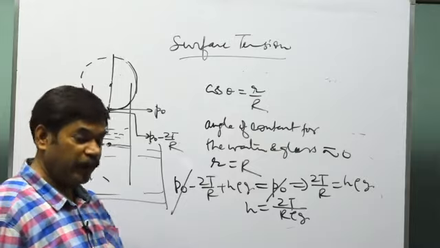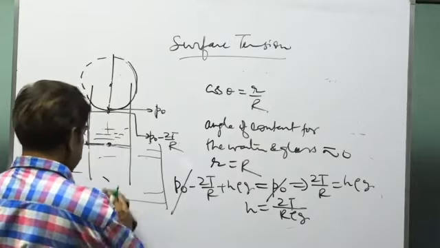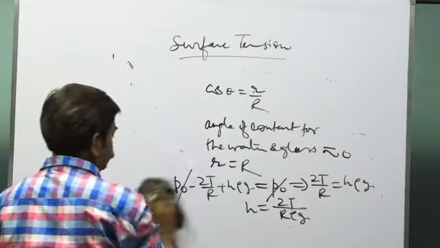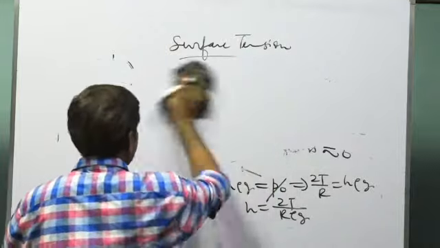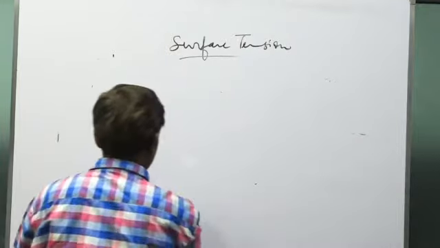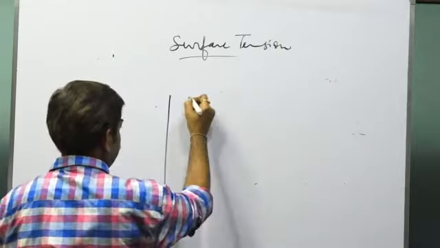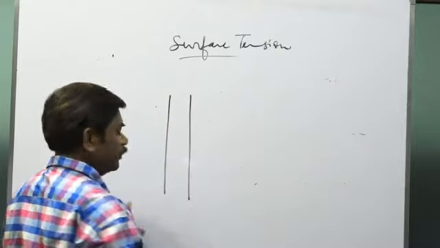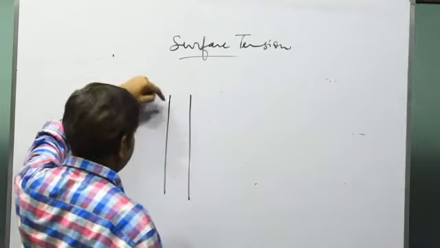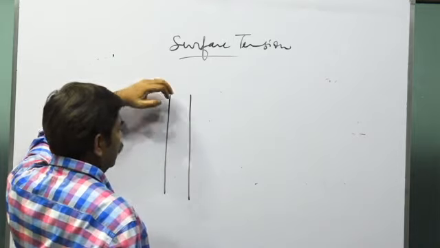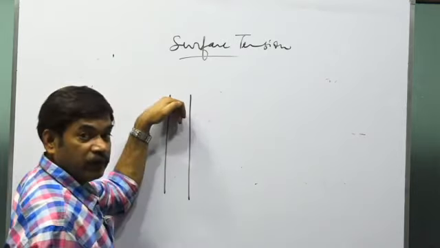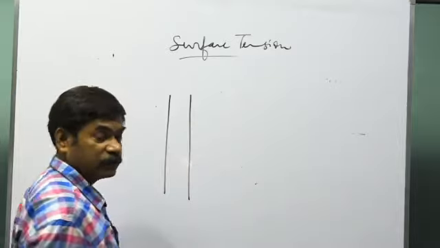Now, the point that I wanted to make clear, you'll see this. You have to remember that when you take a liquid in a capillary, suppose this is a capillary, and we have the same thing like this, the liquid is water, and the capillary is glass.